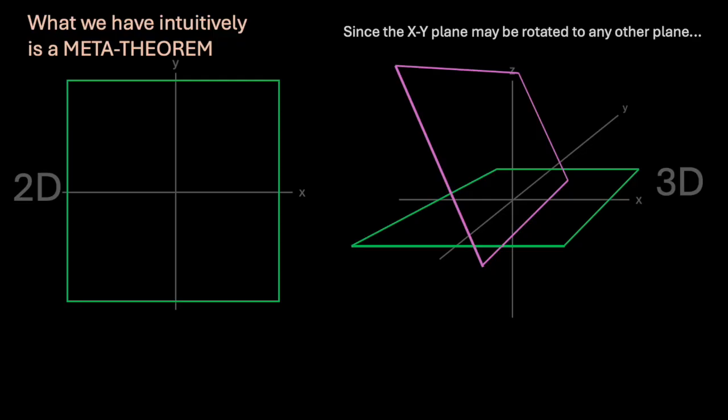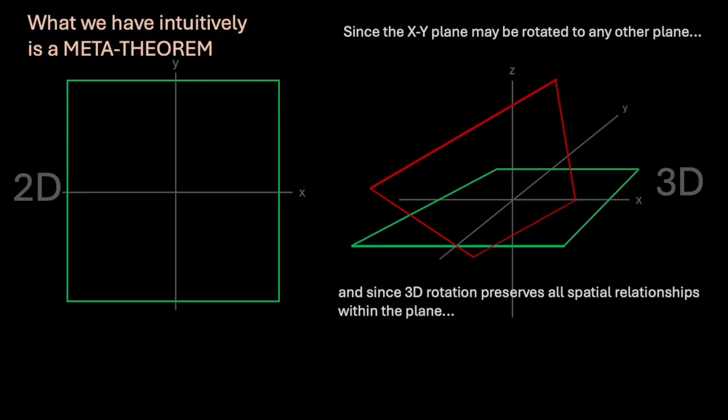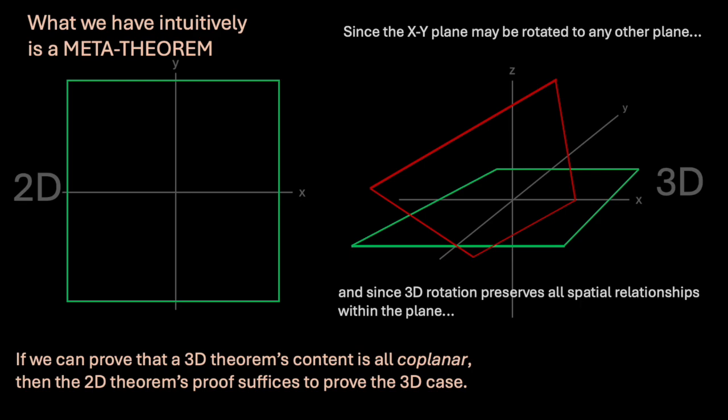But we know that since the xy plane in 3D may be rotated, computationally or just conceptually, to any other 3D plane, so maybe this magenta plane, or it could be rotated out to this red plane. And since 3D rotation preserves all the spatial relationships within the plane, then if we can prove that a 3D theorem's content is all coplanar, then the 2D theorem's proof suffices to prove the 3D case.